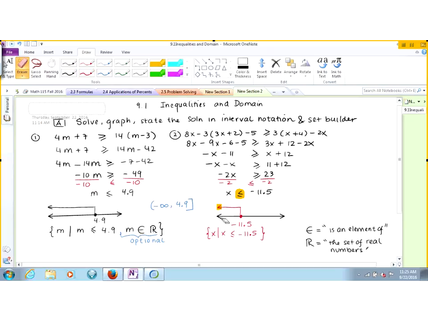So far so good? Okay. So the variable has to be on the left if you were to use the guideline on the tip of the arrow. And what is my interval notation? Yes, negative 11.5.